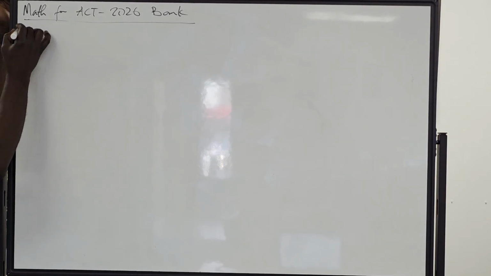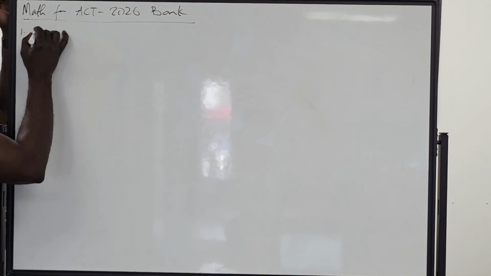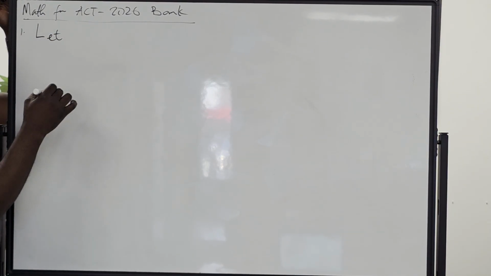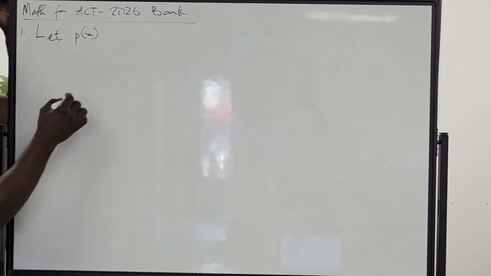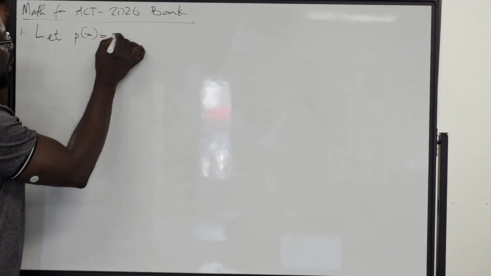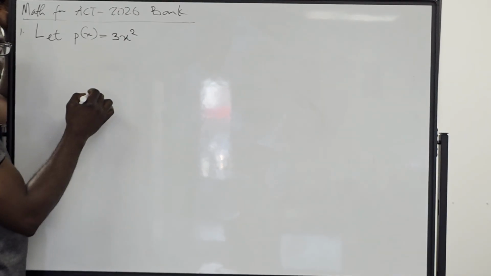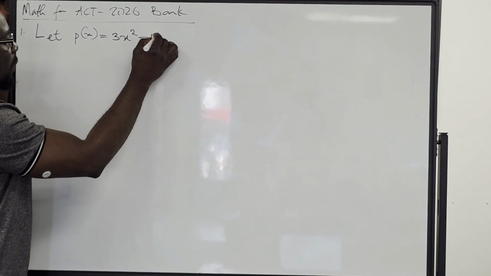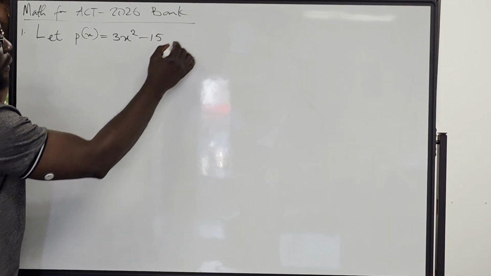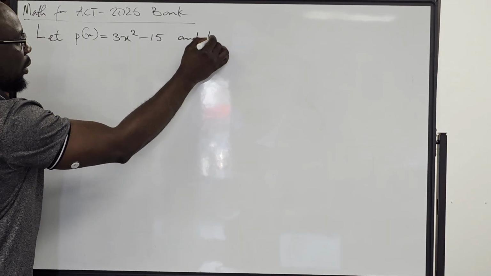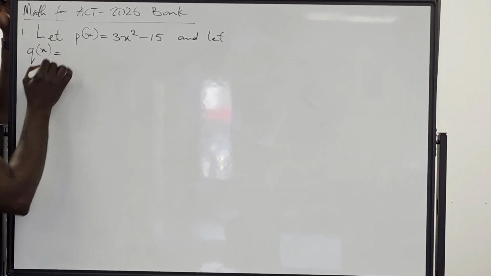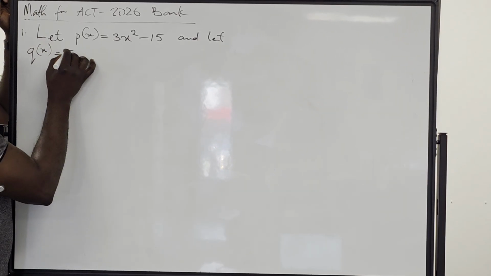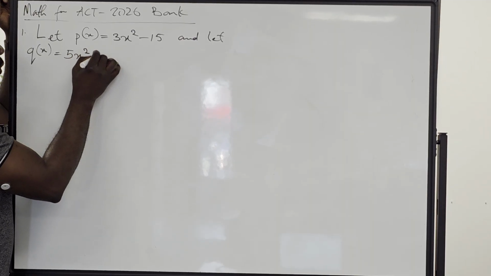So, question one says, let P(x) equal 3x squared minus 15, and let Q(x) equal 5x squared plus 4.